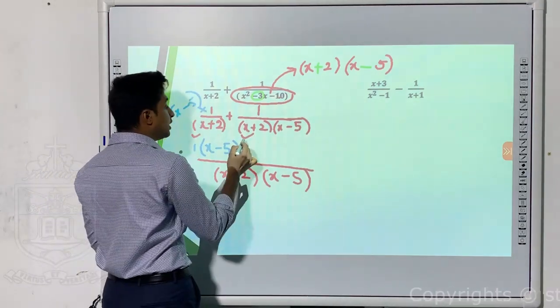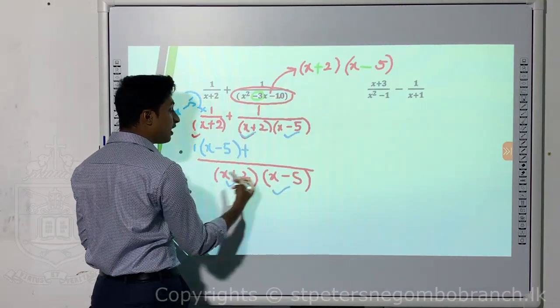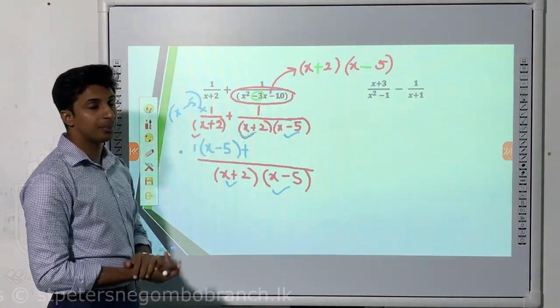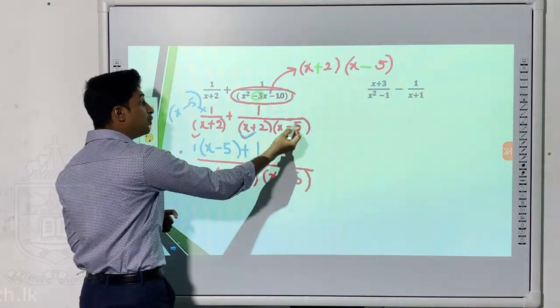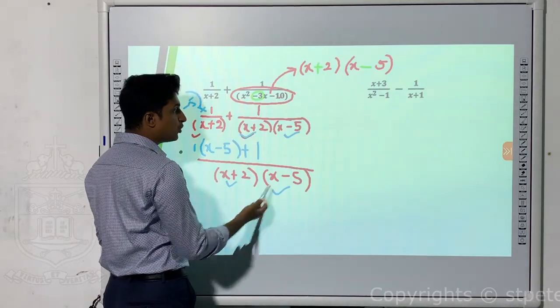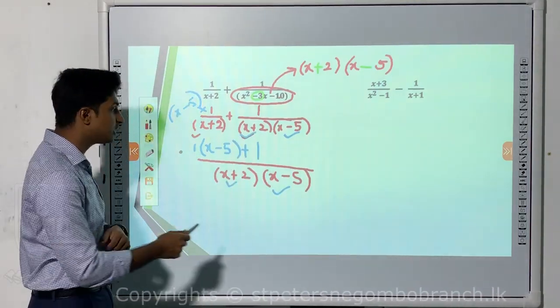But here, nothing should be done because both x plus 2 and x minus 5 are in the denominators. So you don't have to do any change to the upper one. You can just take it as 1, because you already have the two denominators. Therefore, no change should be done. Okay.